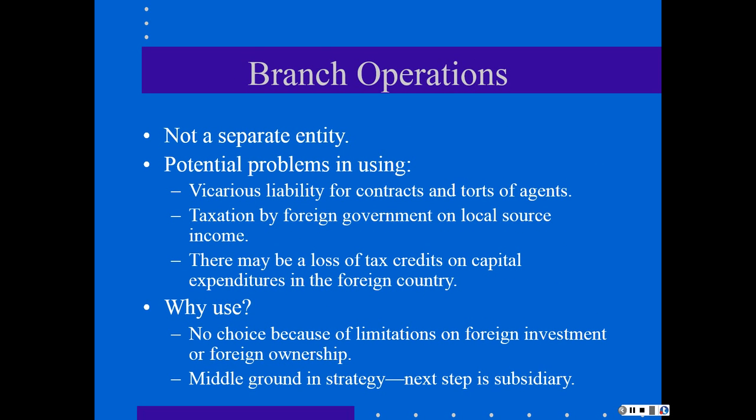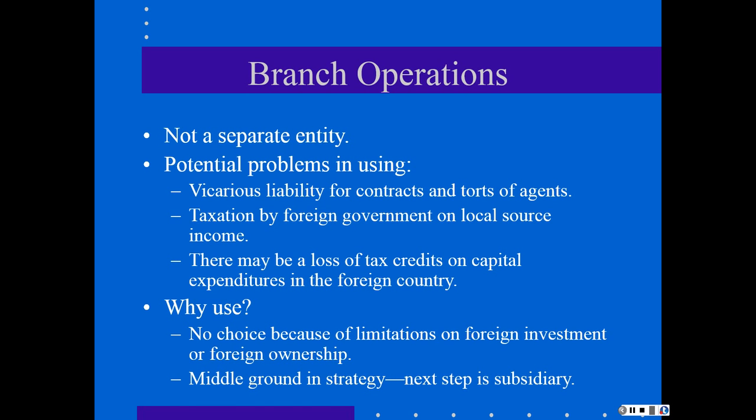The second least expensive route is branch operations. This is not a separate entity that's formed in the foreign country because it's operated as a branch. There are potential problems in using them because there are agents, employees of the company, working abroad.